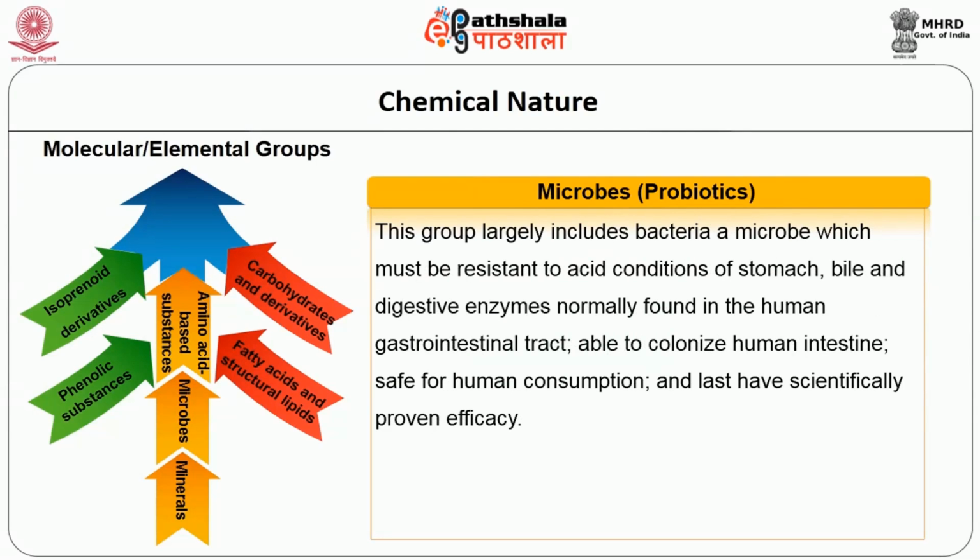This group largely includes bacteria, which are resistant to acid conditions of the stomach, bile and digestive enzymes, and they are normally found in the human gastrointestinal tract. They are able to colonize the human intestine and are also safe for human consumption. And lastly, they have scientifically proven efficacy.